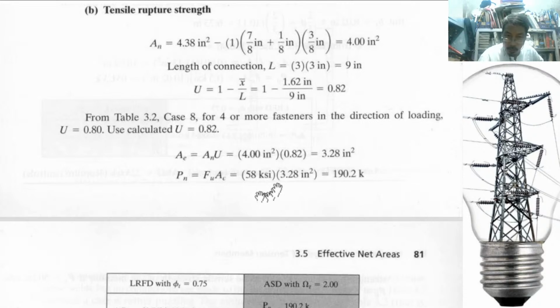So FU 58 times this one, 190.2. Now we can proceed with LRFD. For rupture, 0.75. For ASD, 2.